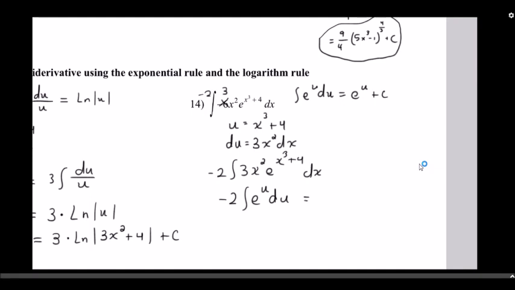So this is going to equal negative 2 times e to the u plus c. And then go ahead and substitute u back for x to the third plus 4. So this is negative 2 times e to the x to the third plus 4, plus c.